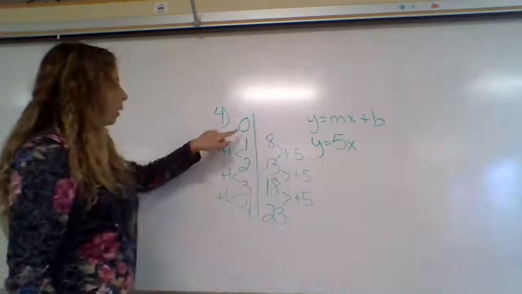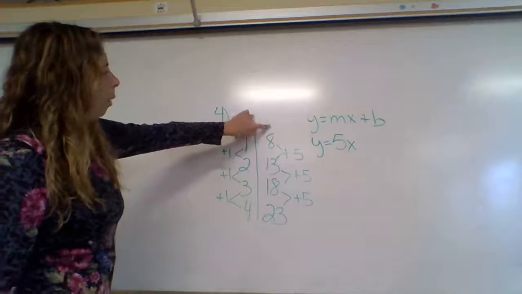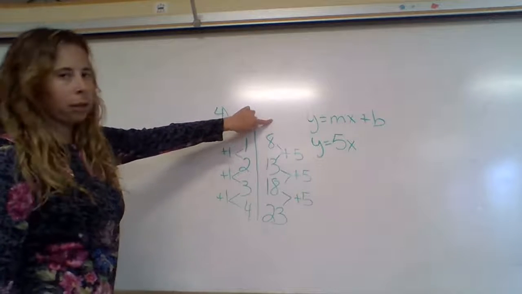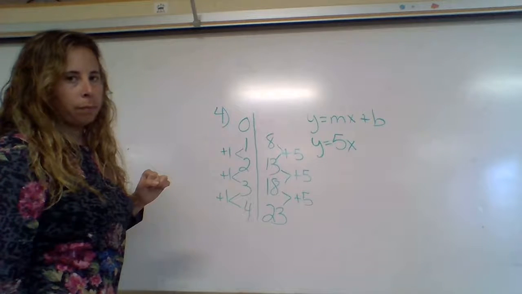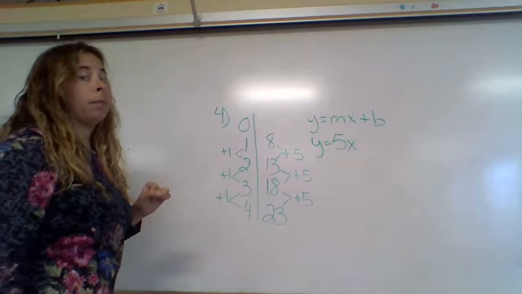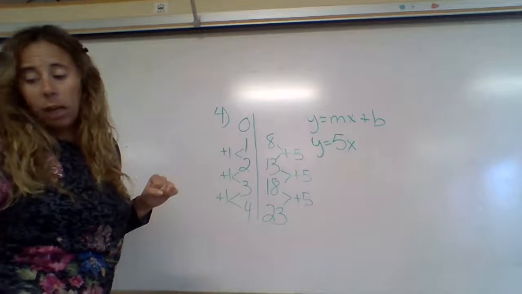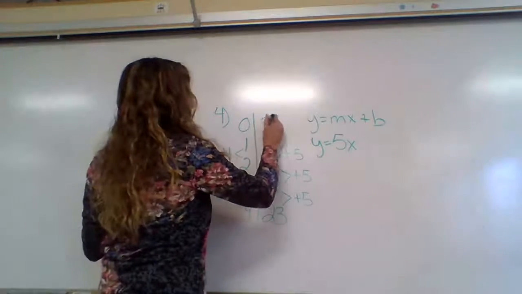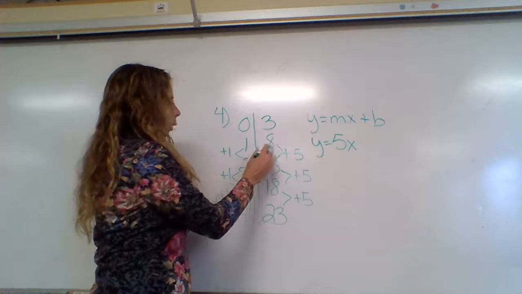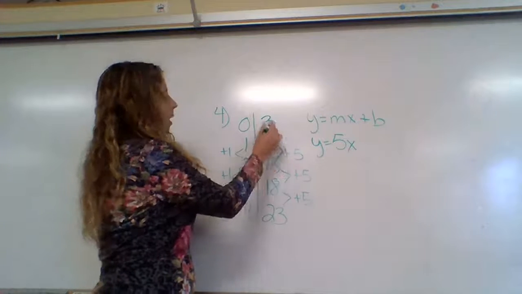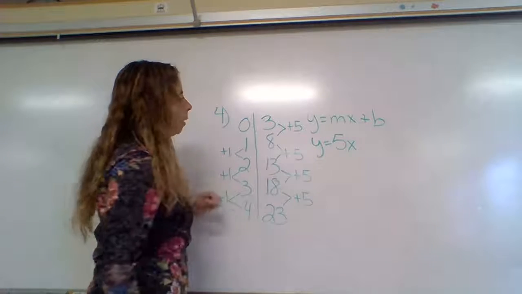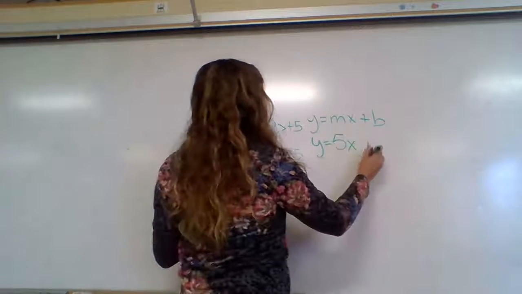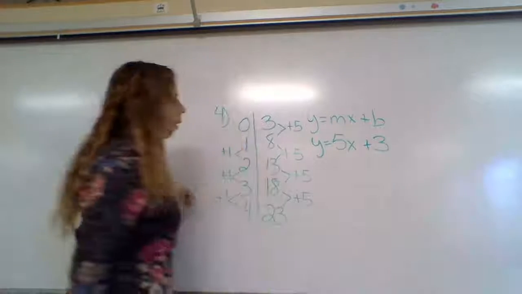So if x is equal to 0, what would go here? What would fit our pattern? Three. So you could do the pattern backwards, so it would be 8 minus 5, because this fits our pattern of adding 5 each time. So you have 5x plus 3. That is your equation.